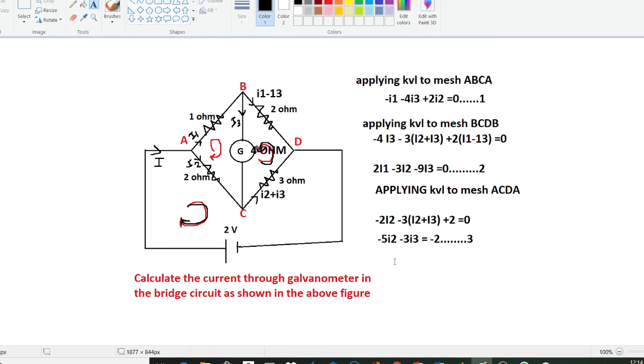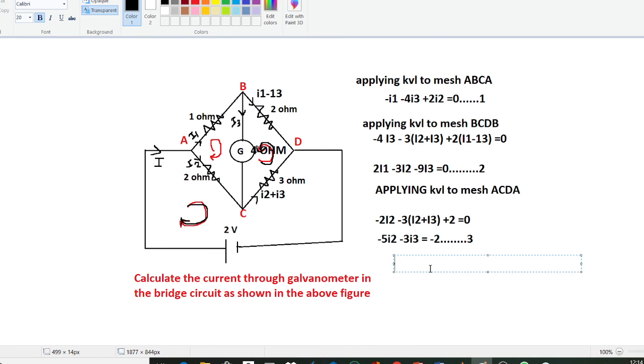On solving, we will get the value of I1 as 15 upon 22 ampere.